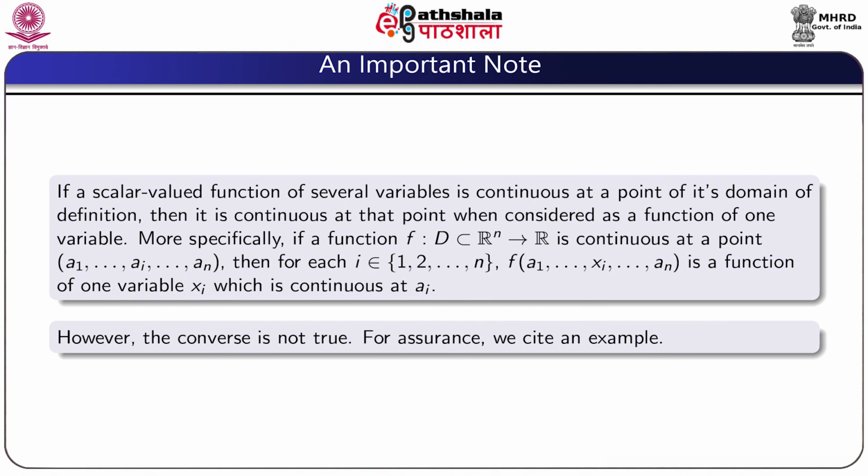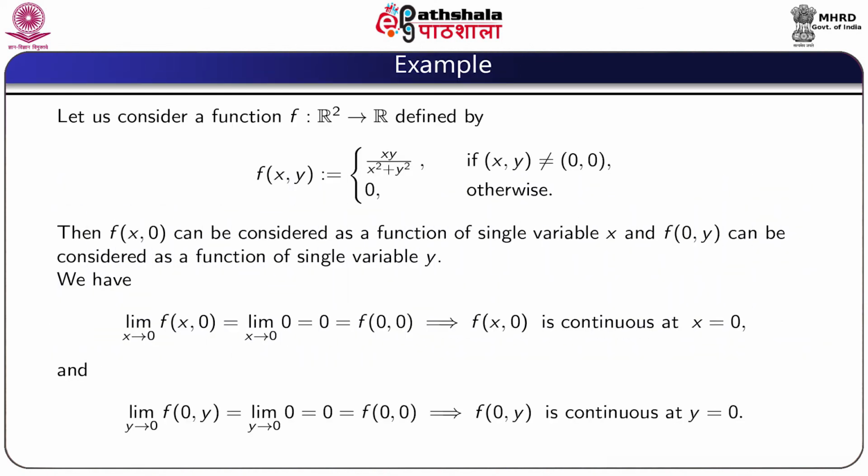However, the converse of this result is not true. For assurance, we cite an example. Let us consider a function f defined over R^2 as follows. f(x,y) is xy by x square plus y square if (x,y) is different from origin, otherwise it is 0.